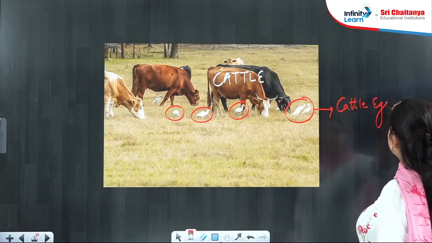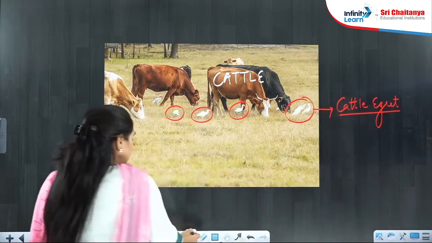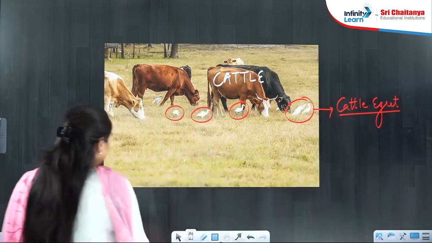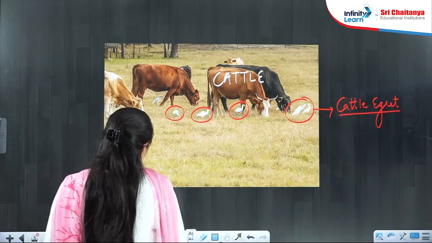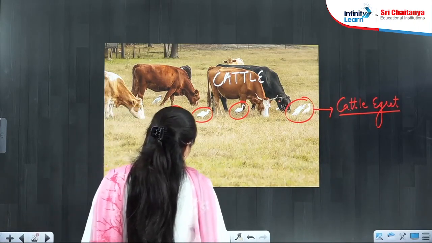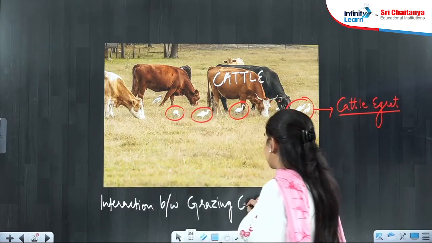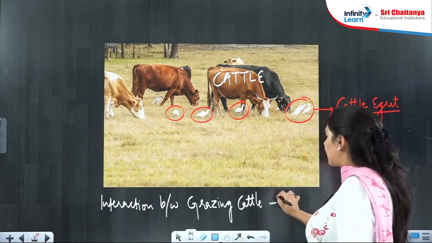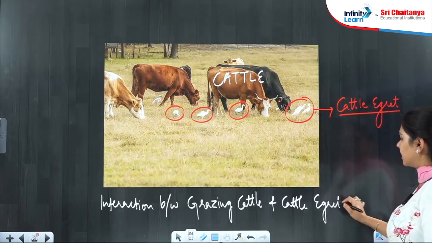So this is the interaction between grazing cattle and cattle egret.